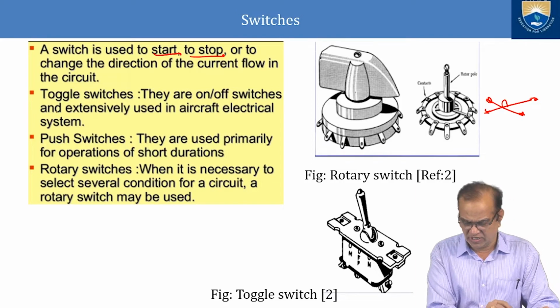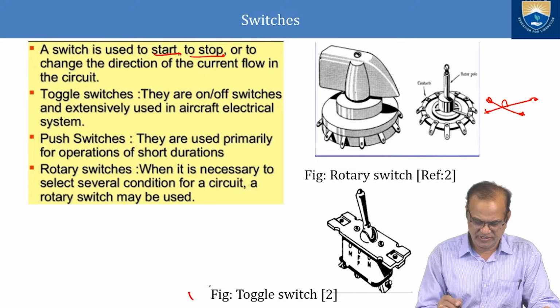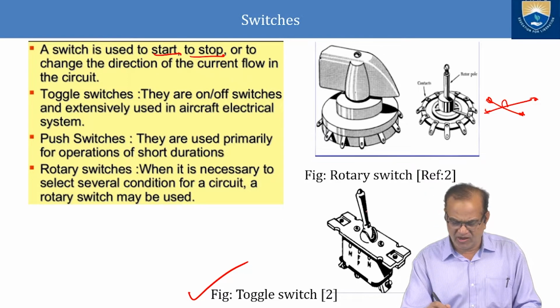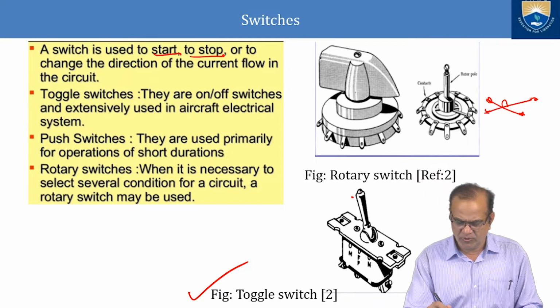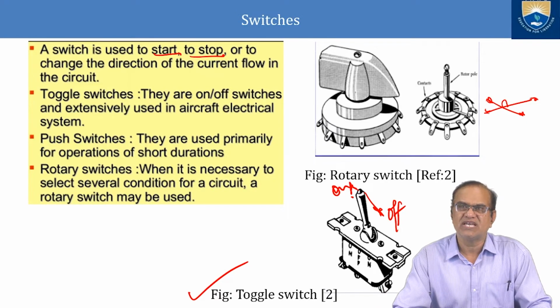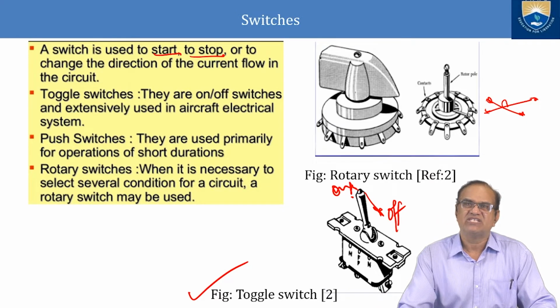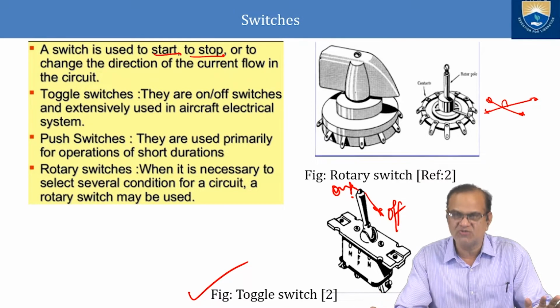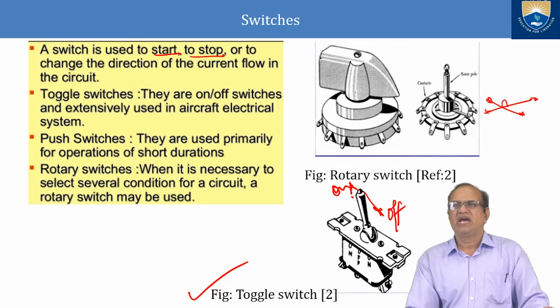Here we have the toggle switch. What is its purpose? It will make on or off. If you press like this, it is on, and the other side is off. Toggle switches are on-off switches and extensively used in aircraft electrical systems.